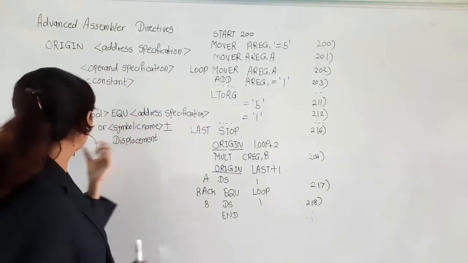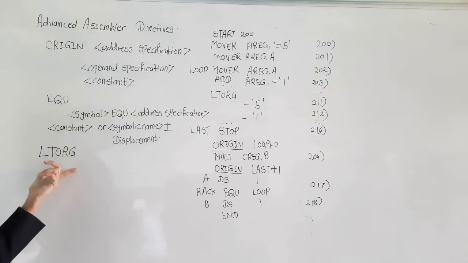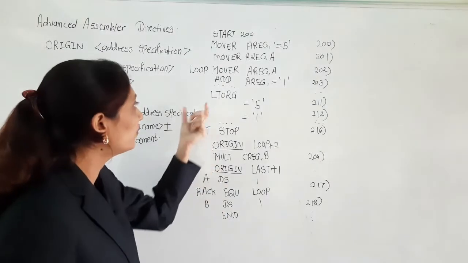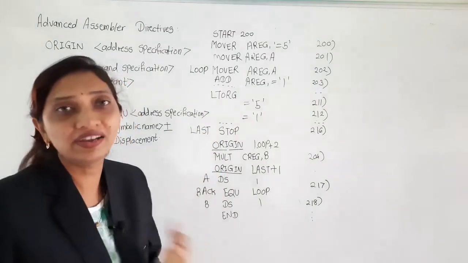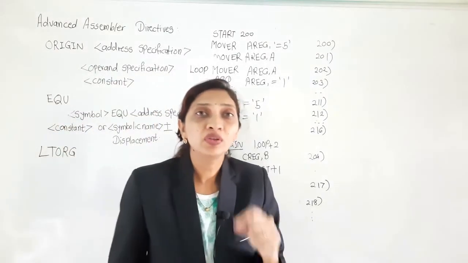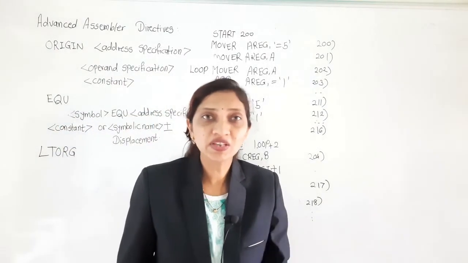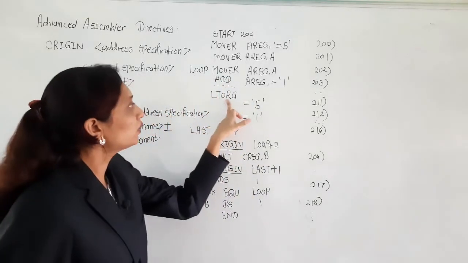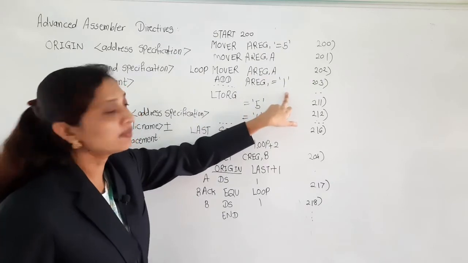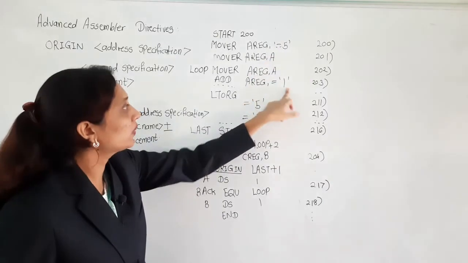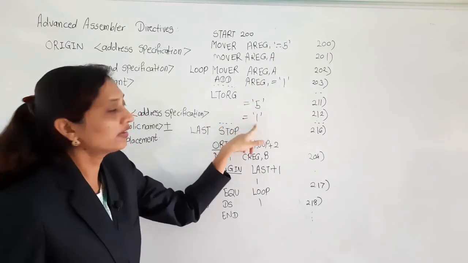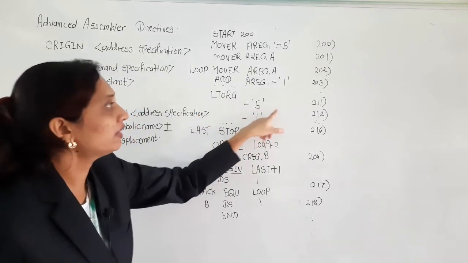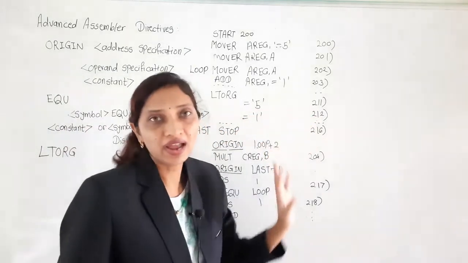Now by using this LTORG statement, we can specify in the program from where to store that literal, meaning a programmer can specify where to store the literal. Like here, LTORG, which literals come up to now: =5 and =1. These two literals are stored in the literal pool using this address.